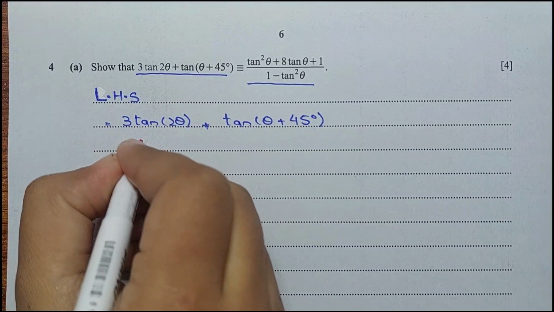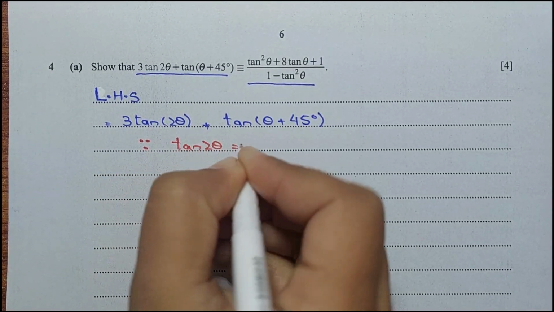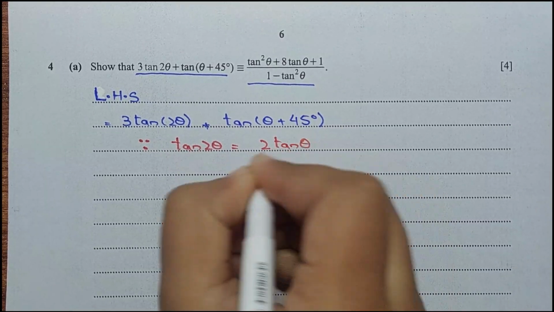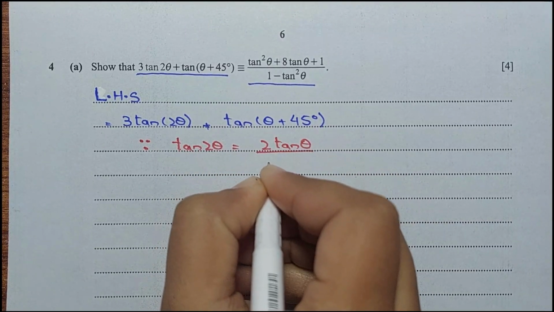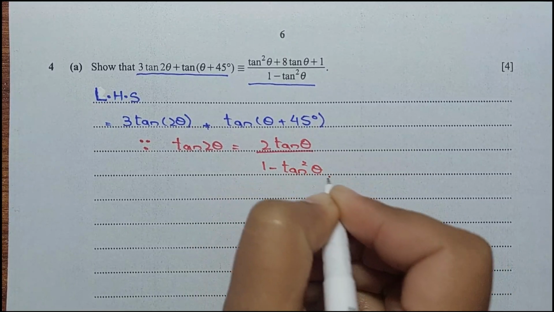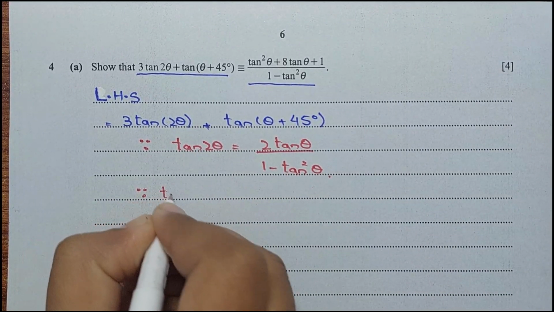So the double angle formula for tangent is tangent of 2 theta equals 2 tan theta divided by 1 minus tan squared theta, right? And what is the sum formula for tangent?